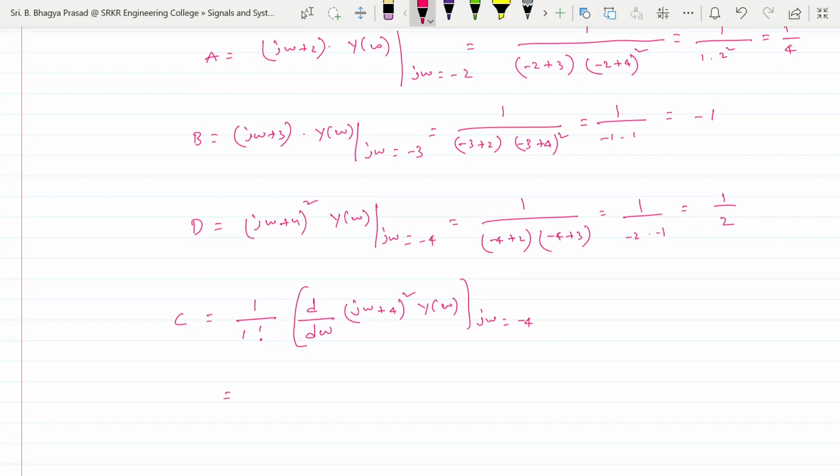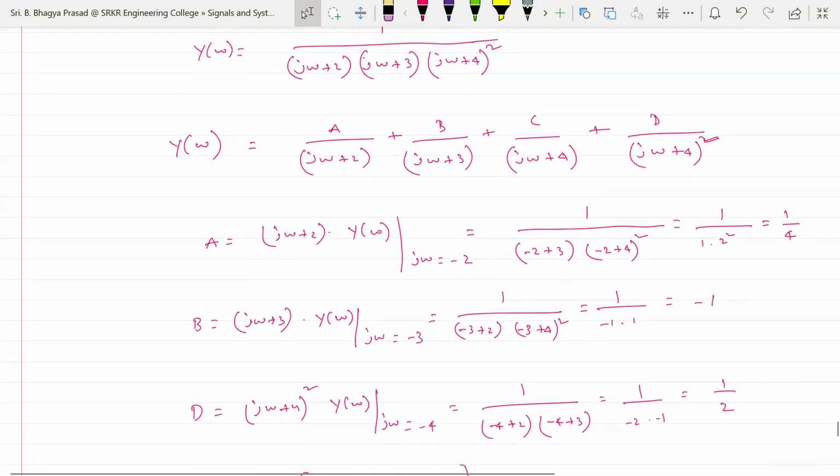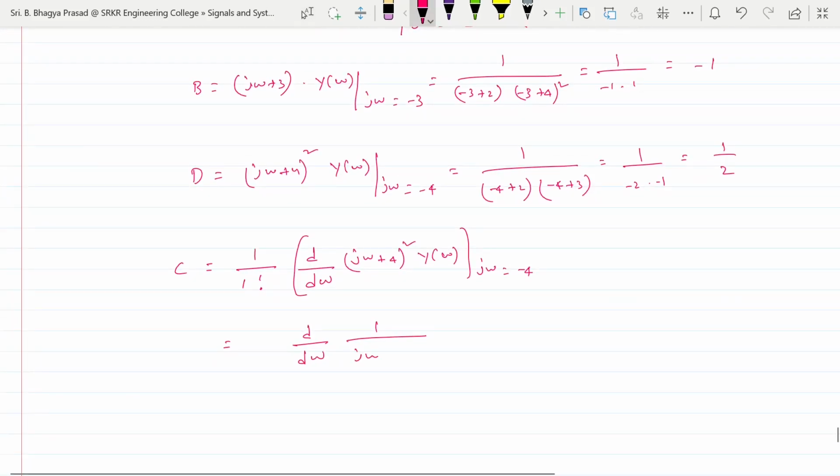So 1 by 1 factorial, so d by d omega, if you multiply with this one you will get an expression as j omega plus 2 and j omega plus 3. So substitute j omega equal to minus 4.